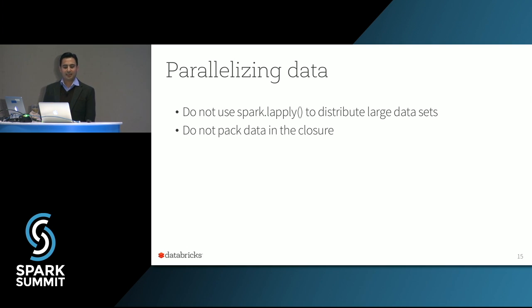Another common mistake is, by mistake or intentionally, some users pack data into the closure. It ends up with the same problems as the previous one, but the way people make this mistake is a little bit different. Sometimes you're writing a Spark program in R, and you're writing a function that you're going to use in the Spark API, dapply or gapply. And in that function, you reference a variable.